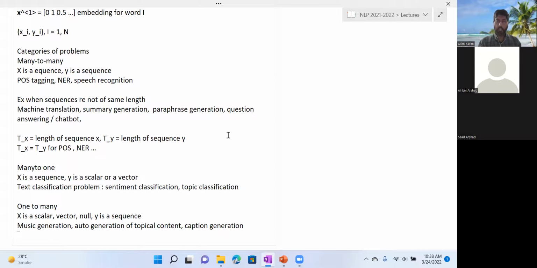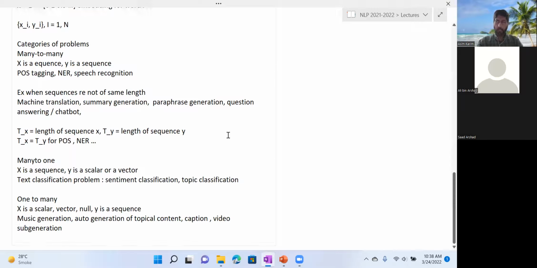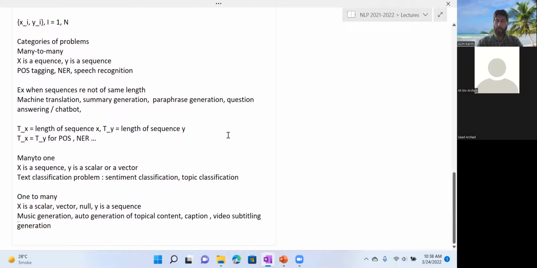A sequence of words that describes what is happening in the image. So that is image captioning. So that would be one to many. And similarly, you can have video subtitling and so on. So all of these examples are for one to many. And again, this is a sequence modeling problem.